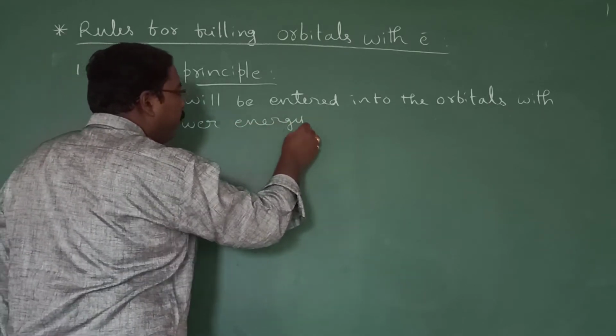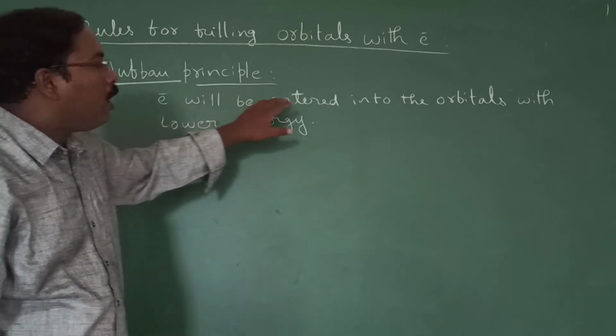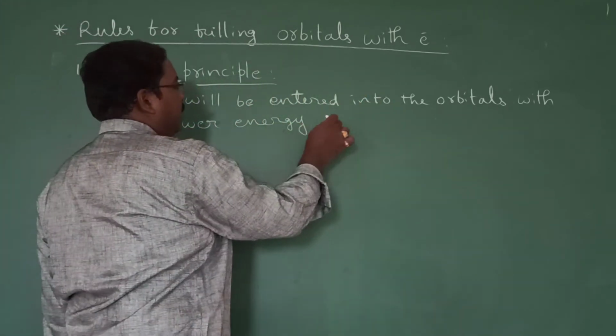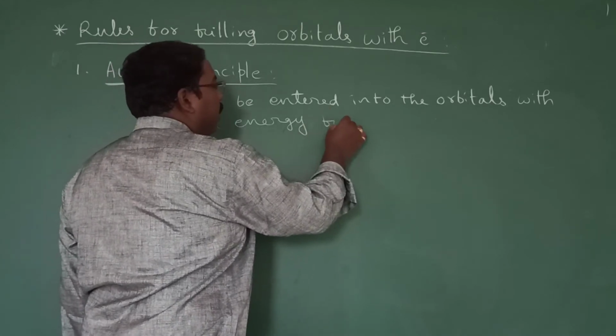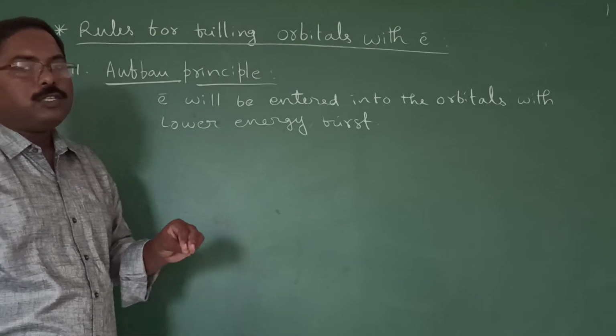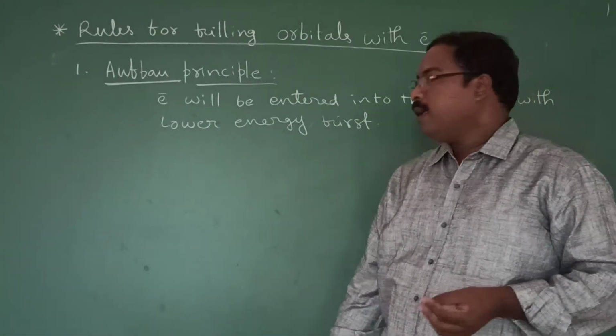In simple way, the electrons will be entered into the orbitals with the lower energy first. So first the electrons will enter into the orbitals with the lower energy.